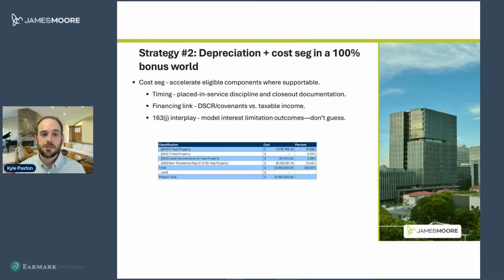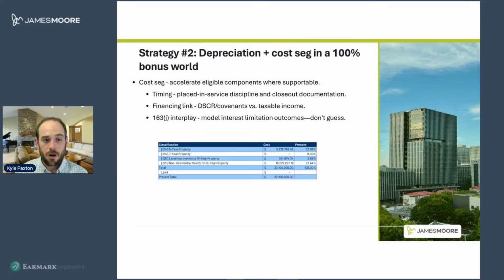I've talked about this, so I'm not going to spend too much time, but this is a big opportunity that we see time and time again on the back of the One Big Beautiful Bill: cost segregation. So again, we're playing with cash flow, we're playing with time value of money, but it's taking this $22 million parcel of real estate and accelerating about 6 million of that into property that can be accelerated for depreciation purposes.